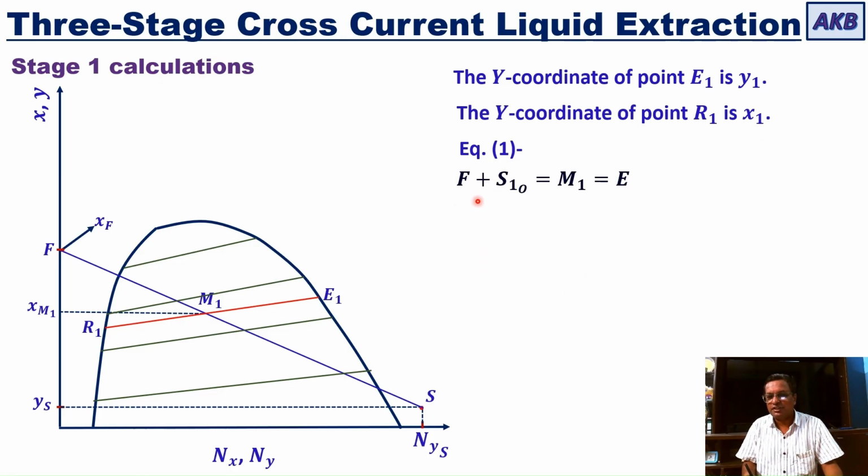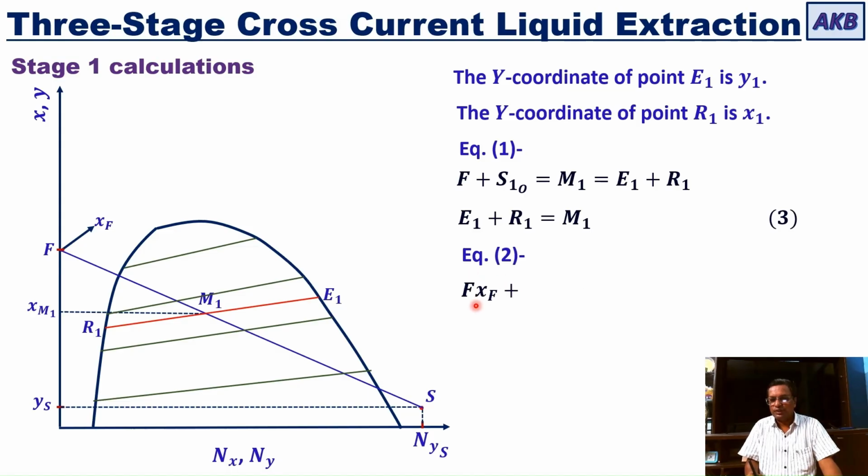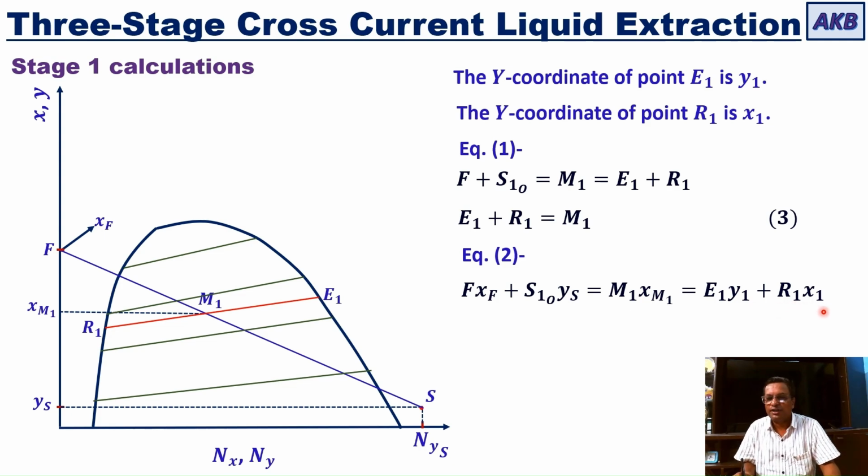Equation 1 is F plus S0 is equal to M1, that is equal to E1 plus R1. So from this I can write E1 plus R1 is equal to M1. Let me call this equation number 3. Then equation number 2 was F xF plus S0 into YS, that is equal to M1 into XM1, that is equal to E1 into y1 plus R1 into x1.